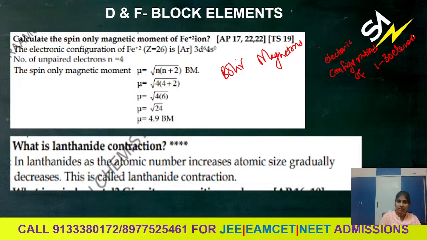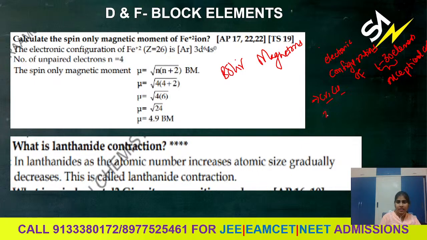In order to study these block elements, remember the electronic configuration of 1 to 30 elements, and remember the exceptional cases in this. Exceptional cases, like there will be a different configuration for chromium and copper, since they need to get half-filled and fully filled orbitals.